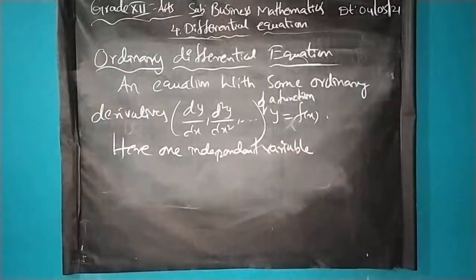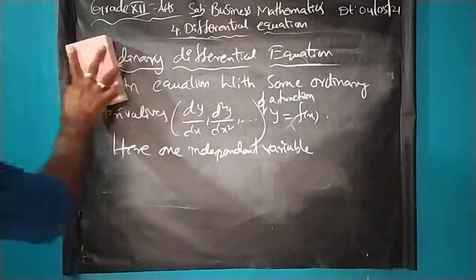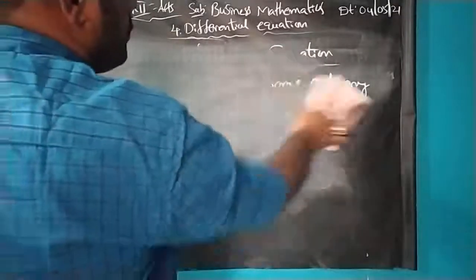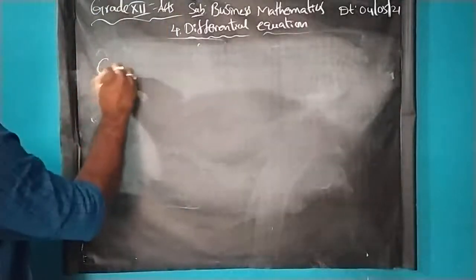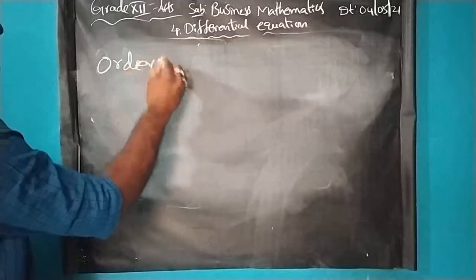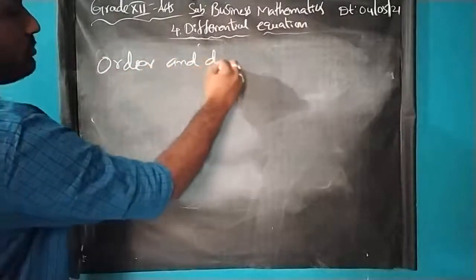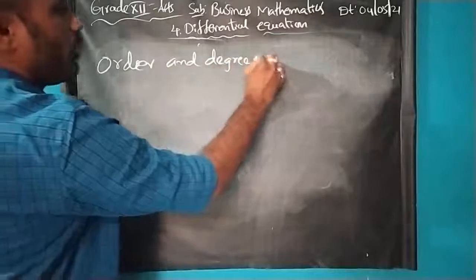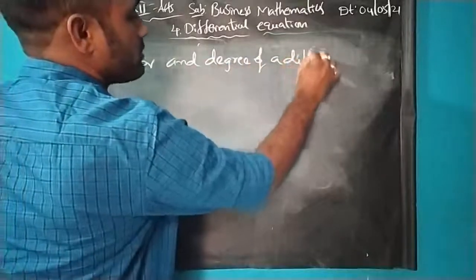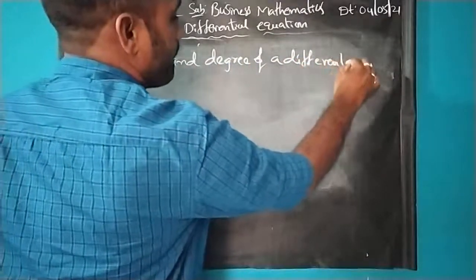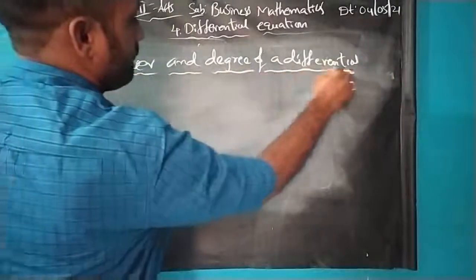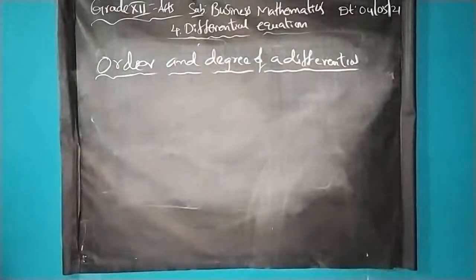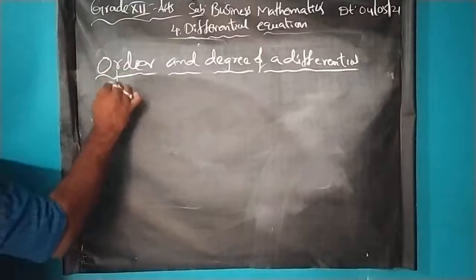Okay, next we will see the order and degree of this ordinary differential equation. Today's class is about this order and degree. So what is the order and degree of a differential equation? First, what is the order?